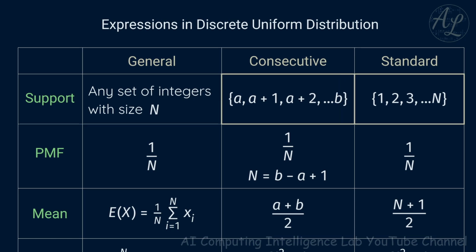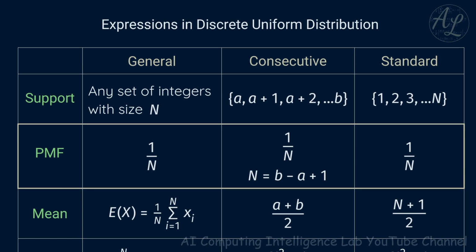The values must also be consecutive, but must start from 1, instead of any integer a. Then, if you count the number of values, the last number will be equal to the number of values, which is n. So the b in the consecutive case is n in the standard case.